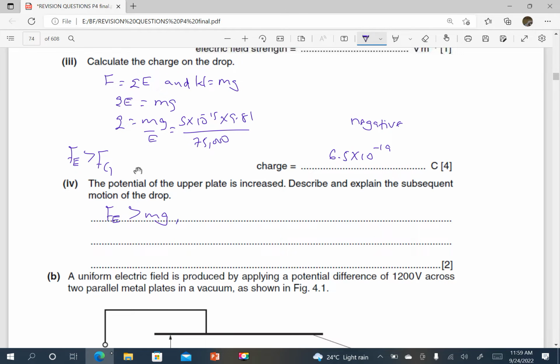So the upward force is now greater, and if the resultant is upwards, it means the drop will move upwards.